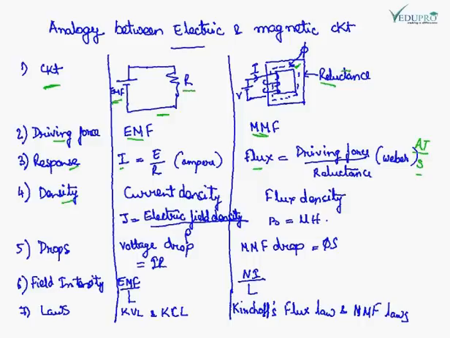Now the current density in an electric circuit is J, the electric field density upon rho, where rho is the resistivity, and here the flux density is B, which is equal to mu H. In an electric circuit the drop is IR, the voltage drop, and in a magnetic circuit it is the MMF drop, which is flux into S. Field density is EMF upon length, and here it is N into I upon L. The laws applicable in an electric circuit are KVL and KCL, whereas in magnetic circuits they are Kirchhoff's flux law and MMF laws.